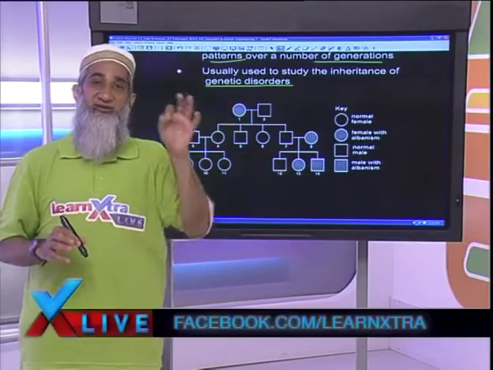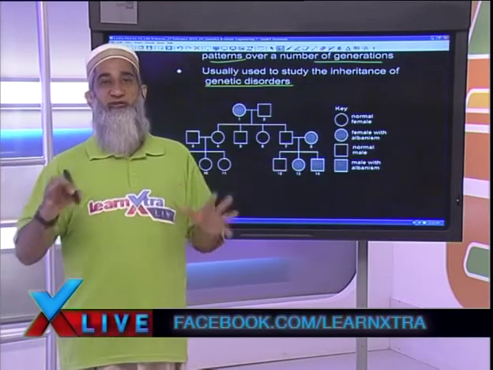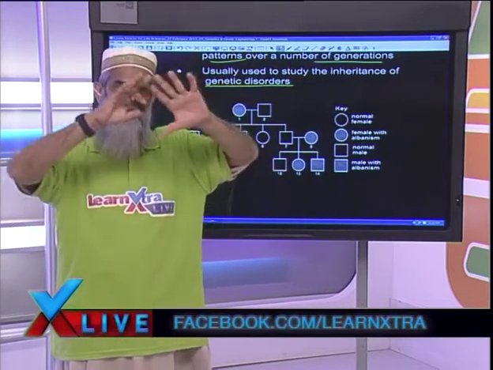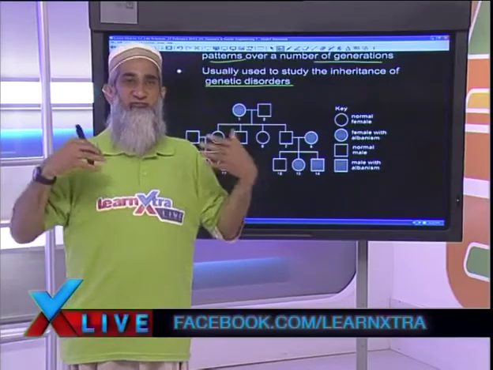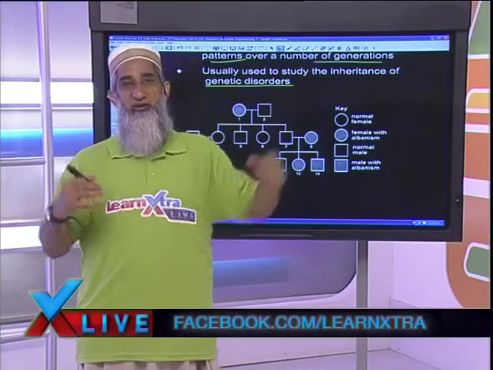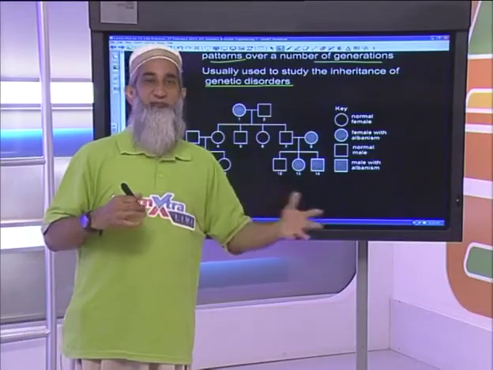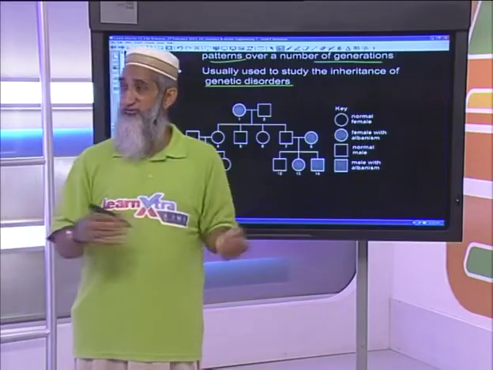It is mainly used by genetic counselors to map out to a potential couple that, look, these are the scenarios in front of you. For example, a particular female has hemophilia, or rather she knows that in her family there was hemophilia. She wants to get married, and the couple are now interested to see whether they're going to have children with hemophilia.